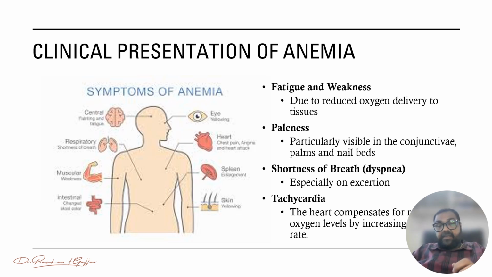Pallor is a common condition. Shortness of breath, there will be dyspnea, especially on exertion, because again oxygen will not reach, because there are no RBCs. Tachycardia, the heart compensates for the reduced oxygen level by increasing the heart rate.